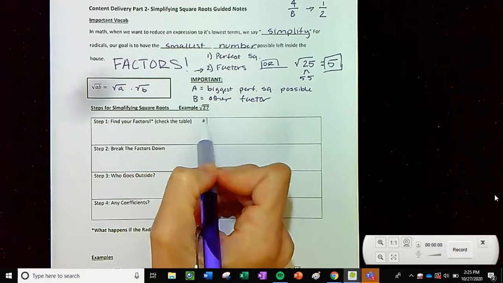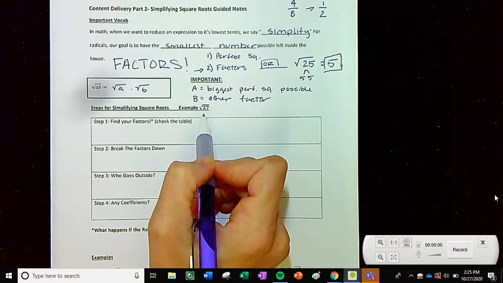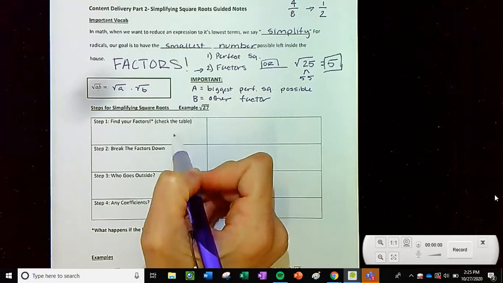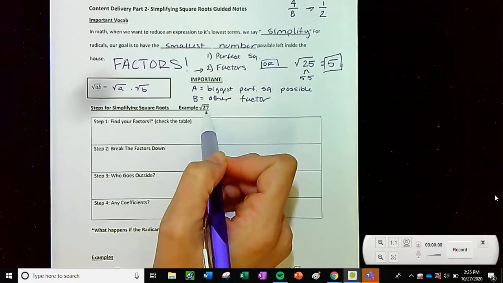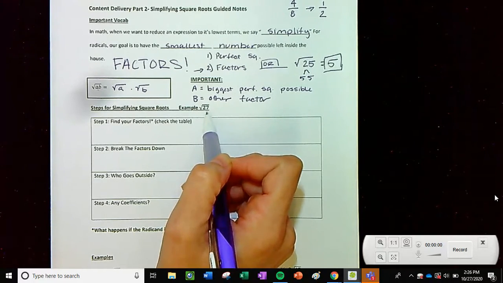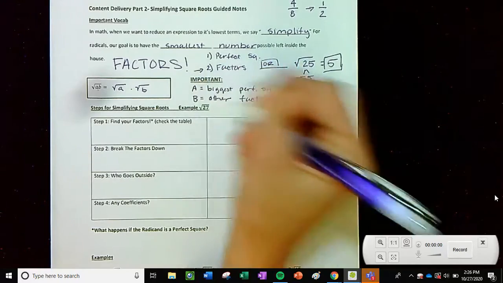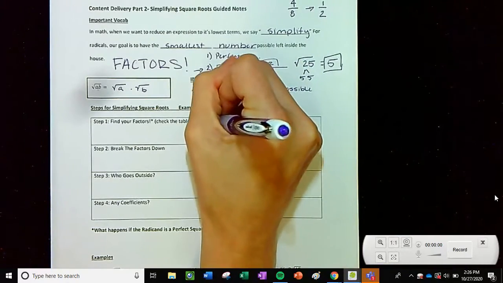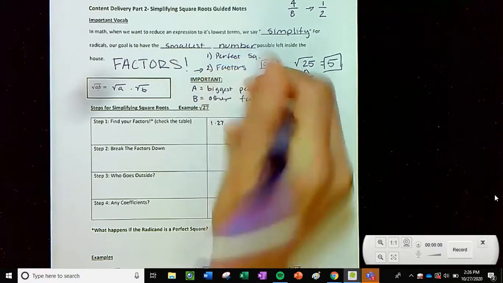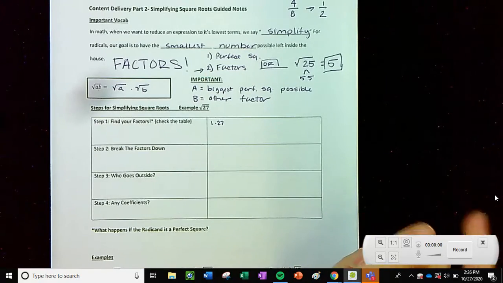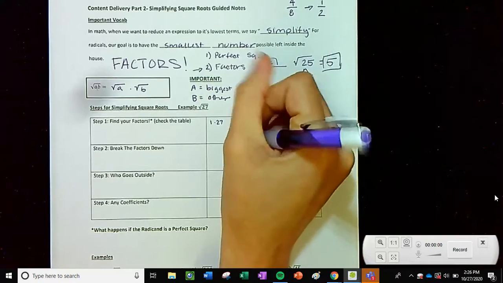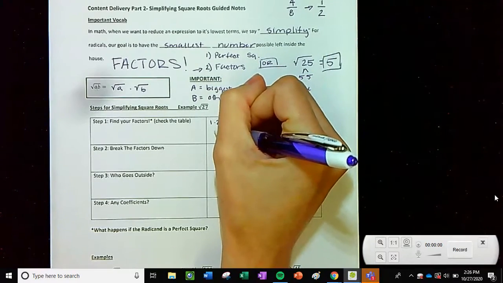We are being asked to simplify the square root of 27. So you'll check your perfect squares table. 27 is not a perfect square, so we have to break this down into two factors. Let's think about what our factors of 27 are. 1 times 27, we already know that that's not a perfect square, so we're not going to use that grouping. 27 can't be evenly divided by 2.